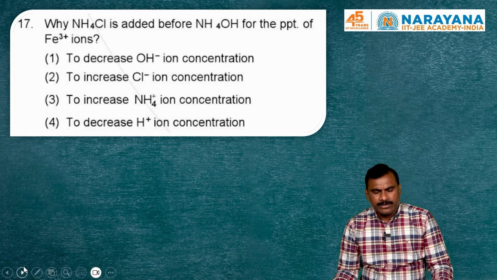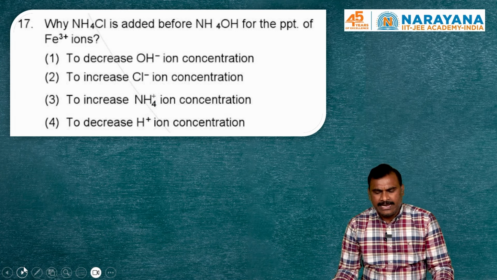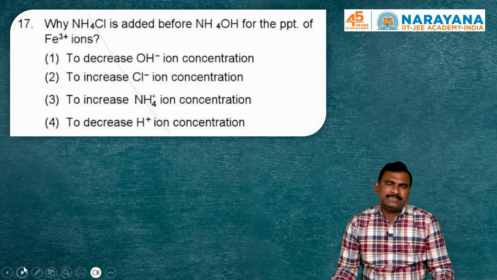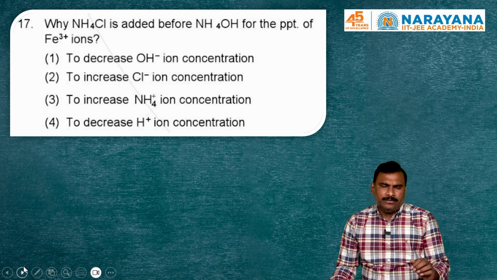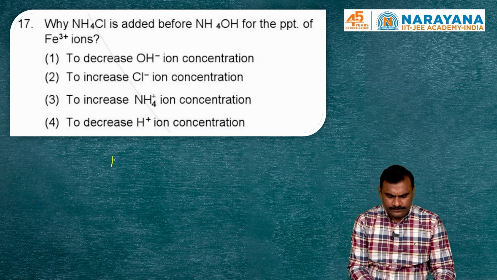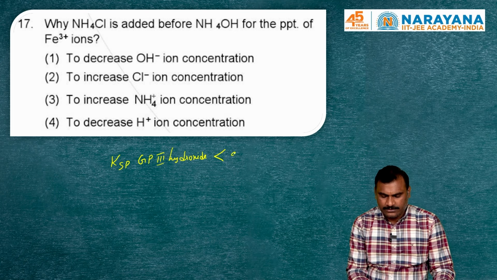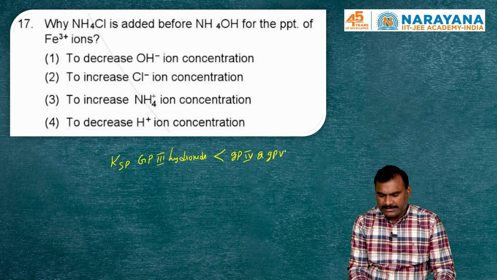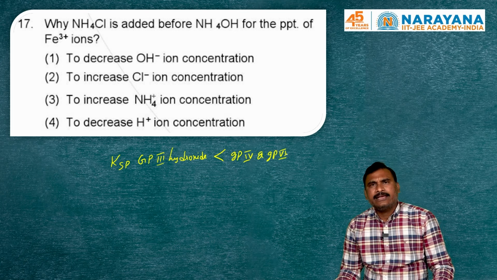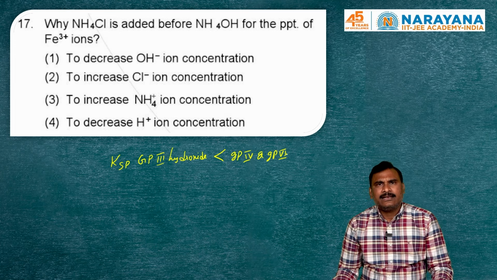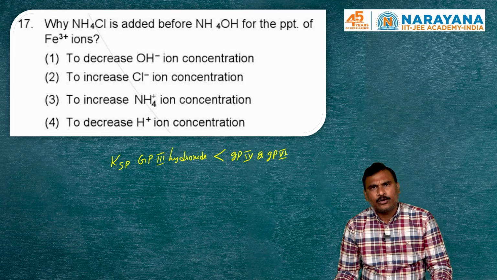Why is ammonium chloride added before ammonium hydroxide for the precipitation of Fe plus 3 ion? The Ksp of group 3 hydroxides is lesser than that of group 4 and group 6 hydroxides.